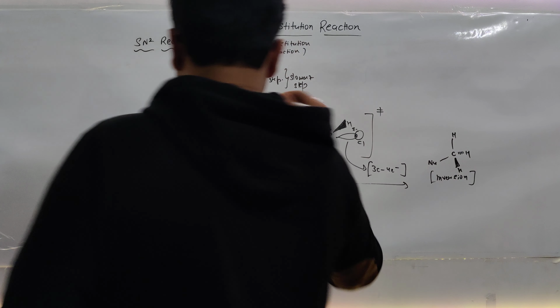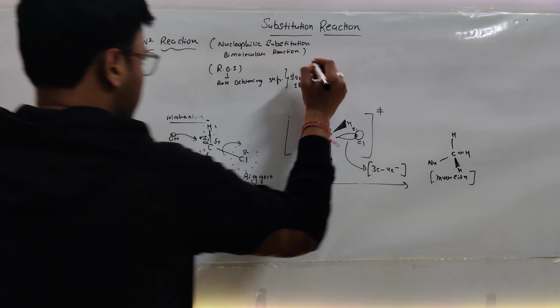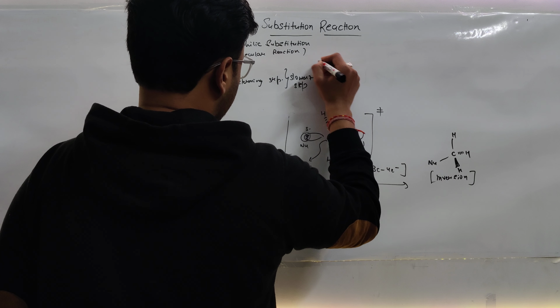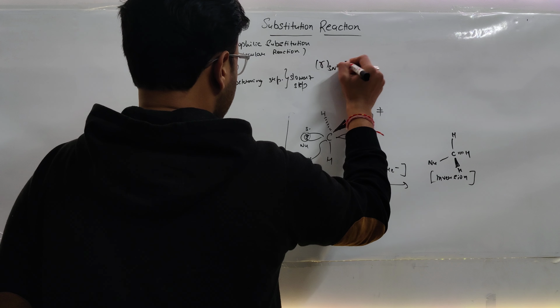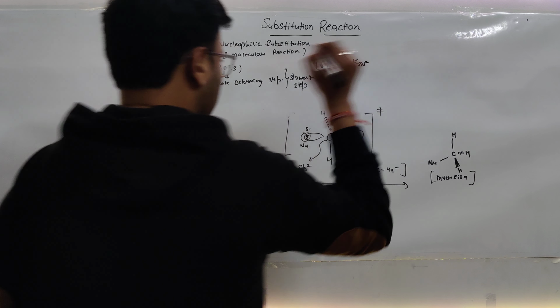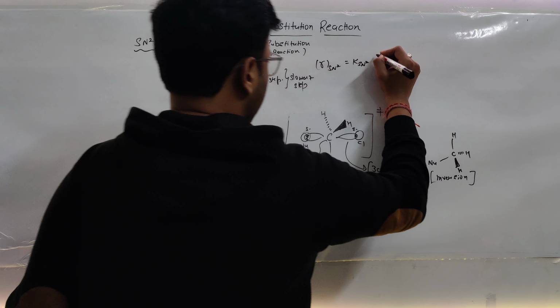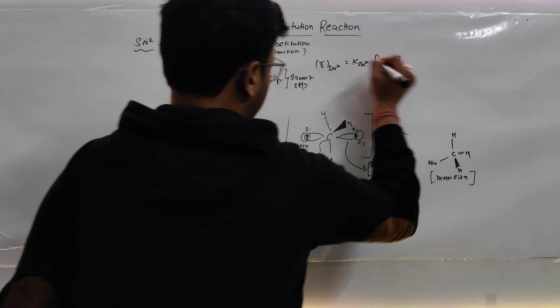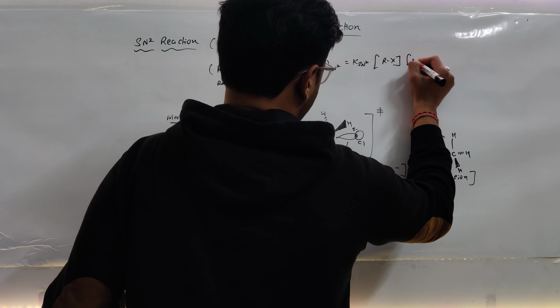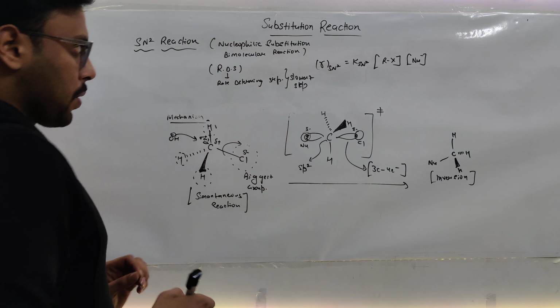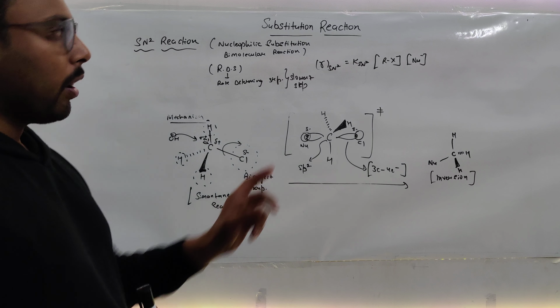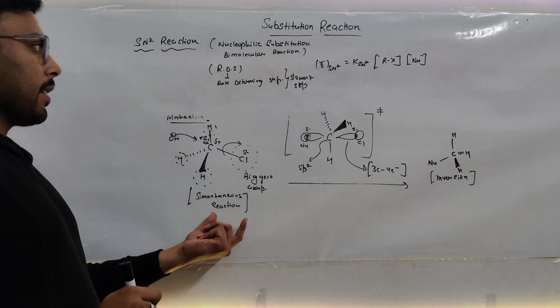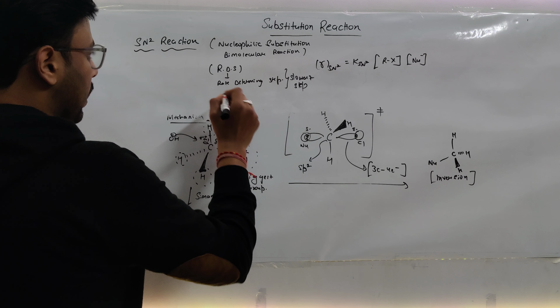So the rate of SN2 is equal to the rate constant of SN2 times the alkyl halide and the nucleophile. So there are two molecules involved in our RDS, one is the nucleophile and one is the alkyl halide. So it is called a bimolecular reaction.